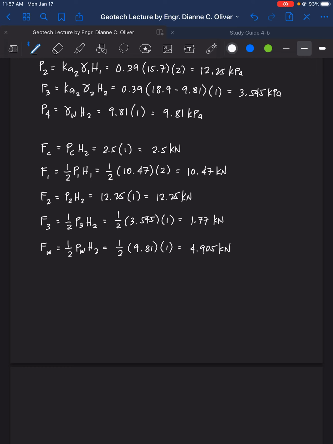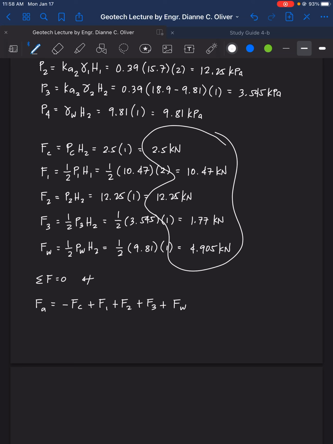Since the summation of forces is equal to 0, and positive to the left, therefore F total for active force is negative FC plus F1 plus F2 plus F3 plus FW. So you just simply add all this.